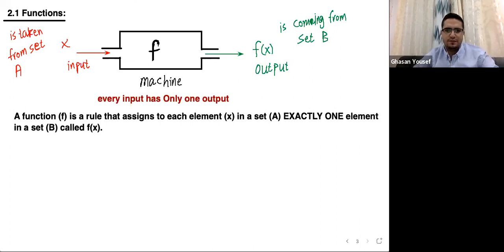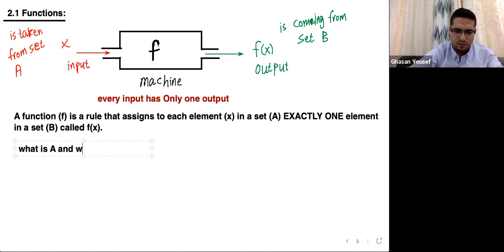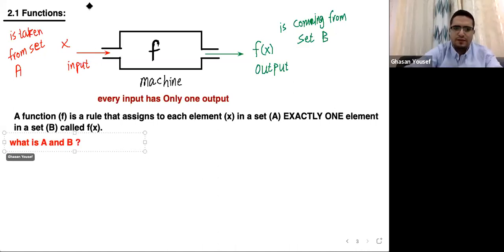So here, what is A and what is B? I'm going to define what A and B mean. A is the domain and B is the range.